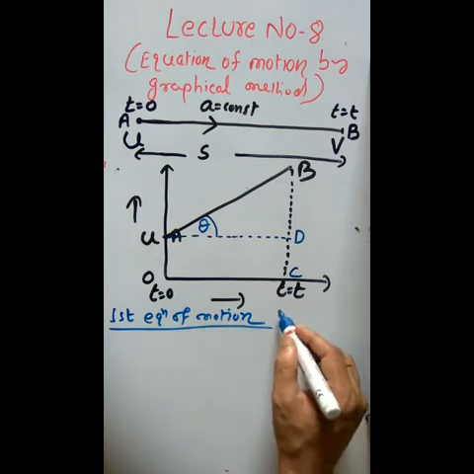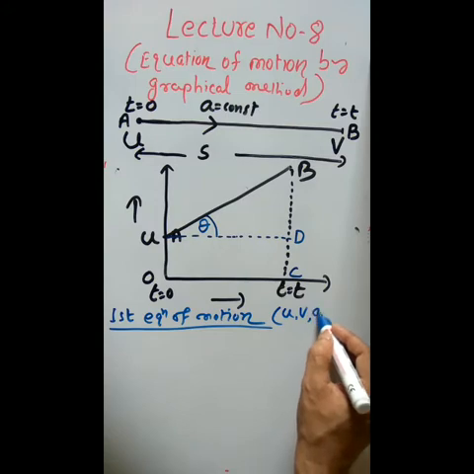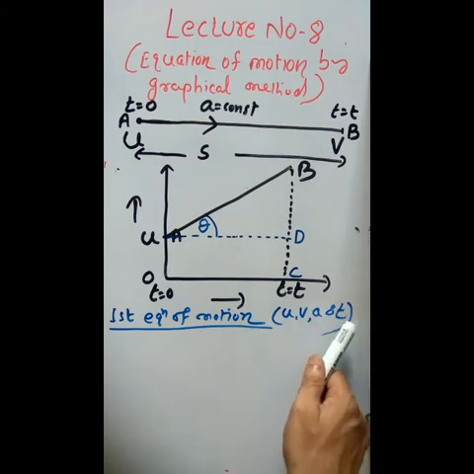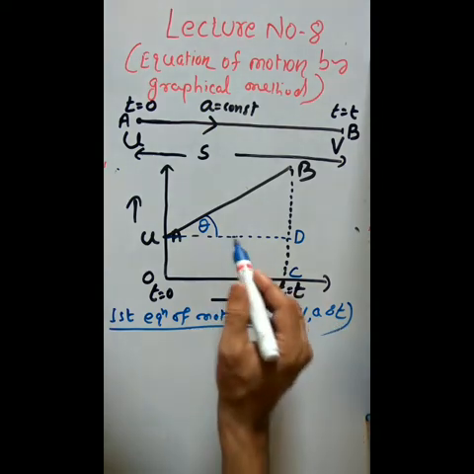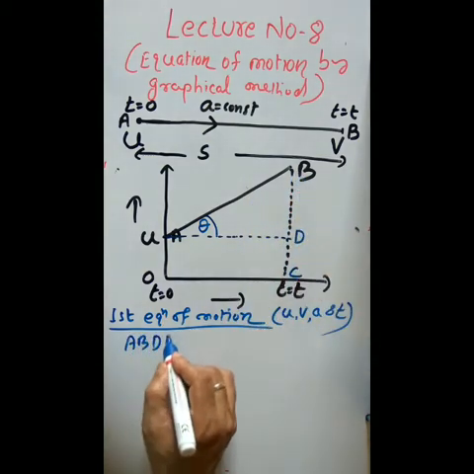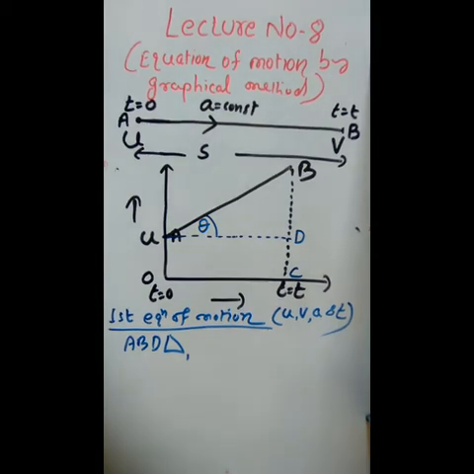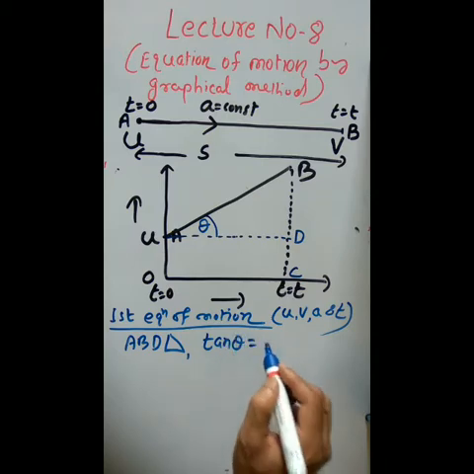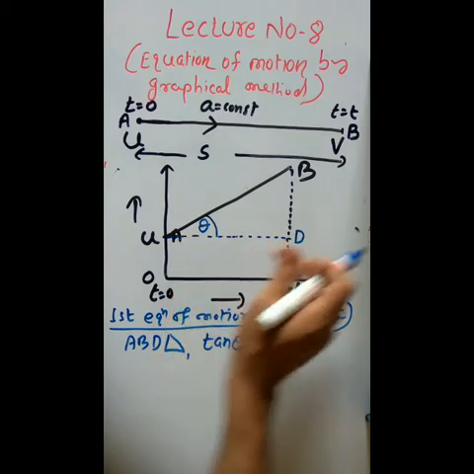It is the relation between u, v, a and time. The relationship between u, v, a and time is called the first equation of motion. So how will you find it? Now you see, in triangle ABD, which is a right angle triangle, what is tan theta? Tan theta is nothing but the perpendicular divided by the base.